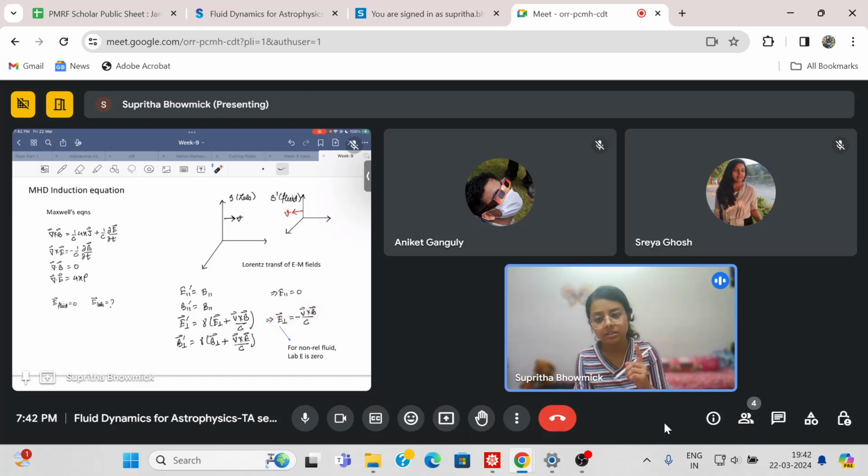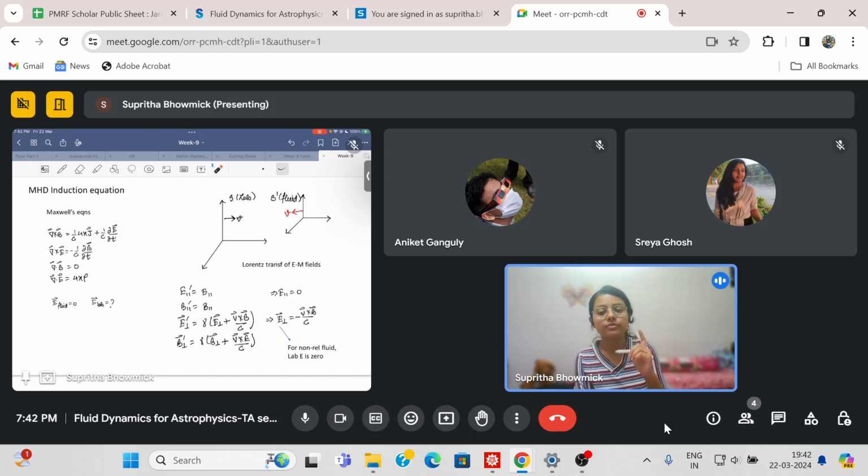So what you have done is you have expressed, for an infinitely conducting fluid, the electric and magnetic field in the lab frame. Remember, once again, this is for an infinitely conducting fluid, for which you can claim that E fluid is zero. The electric field in the fluid frame is zero. Okay.